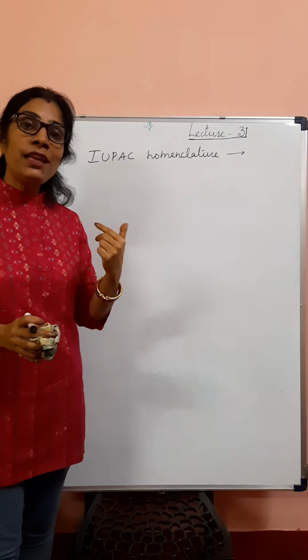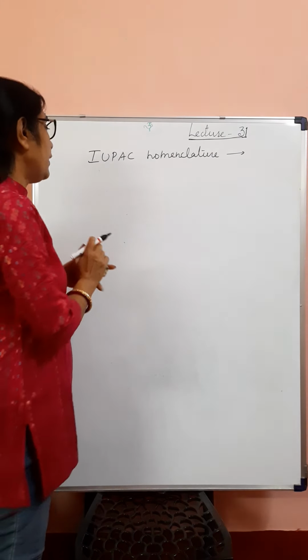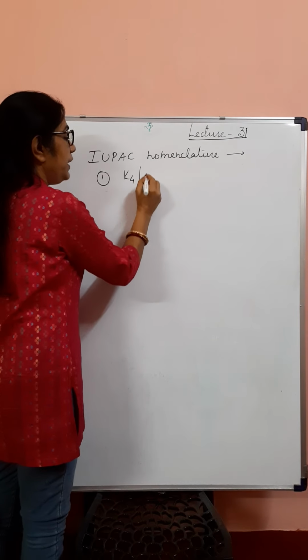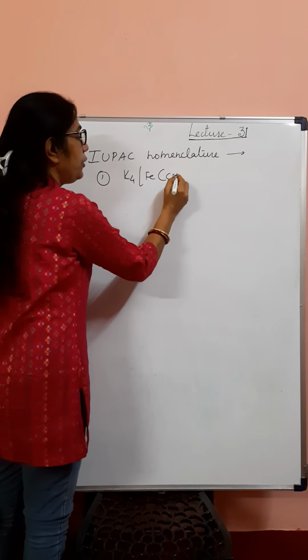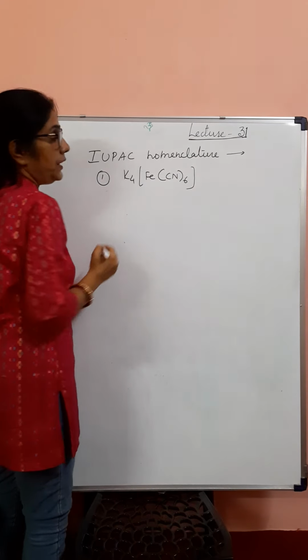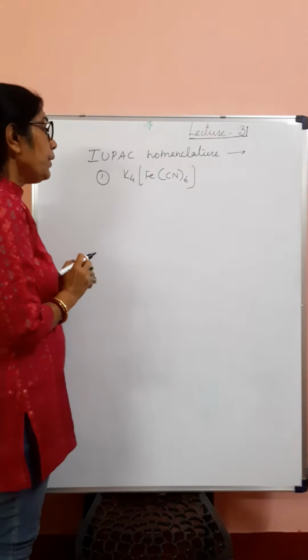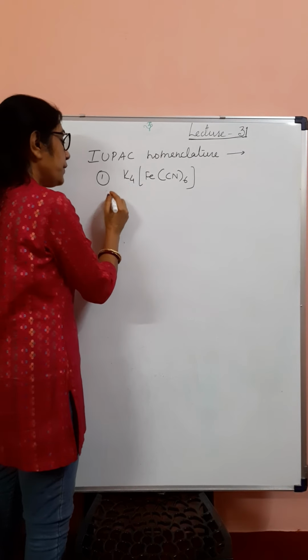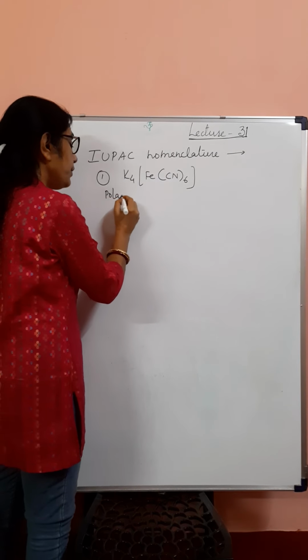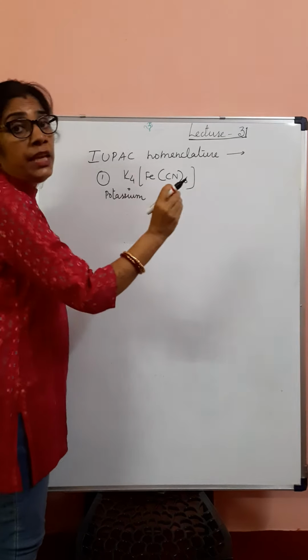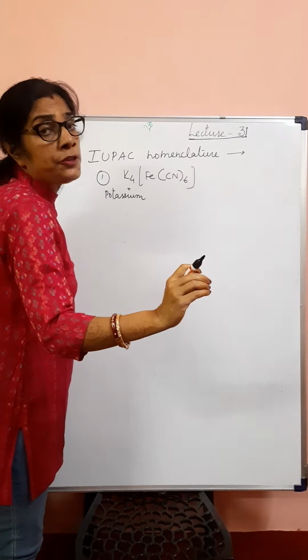So let's begin with IUPAC nomenclature. Very simple example, as you all know, K4[Fe(CN)6]. Potassium ferrocyanide is its common name. As I said, first of all the cation should be named. So potassium, whether it is 1, 2, 3, it is immaterial, dear students.